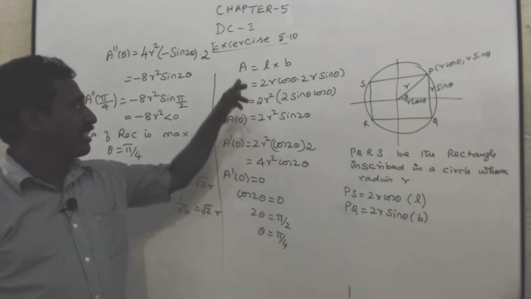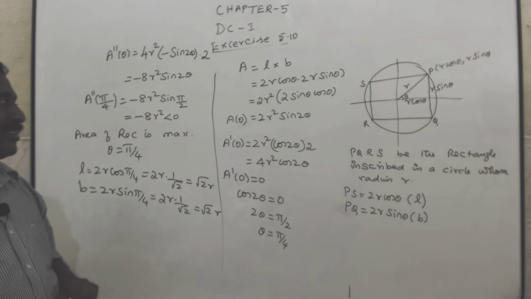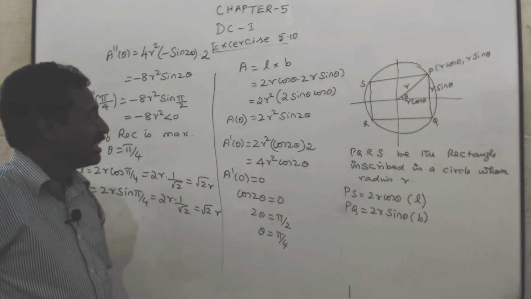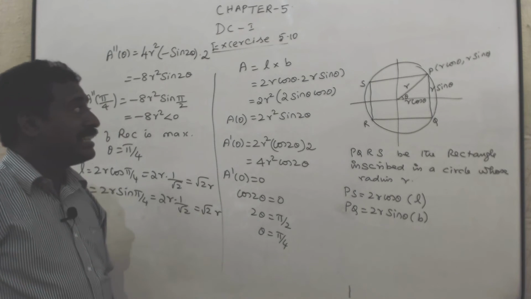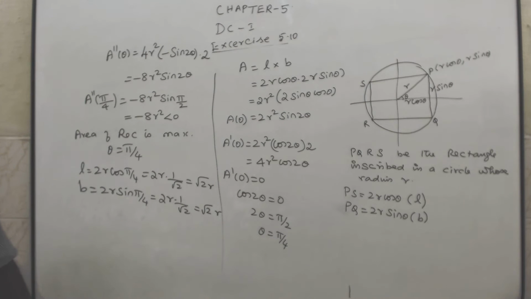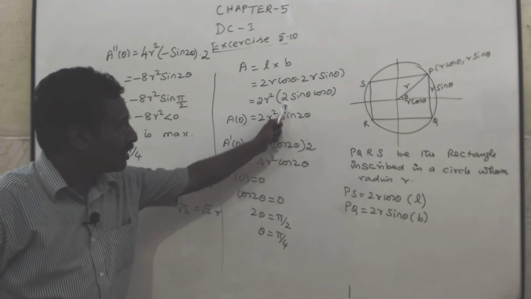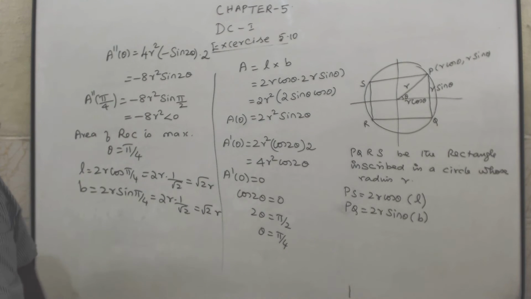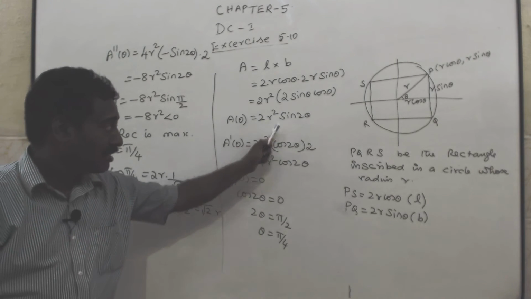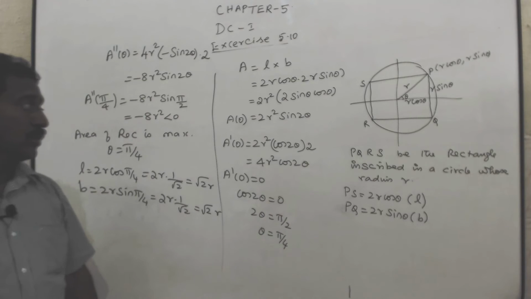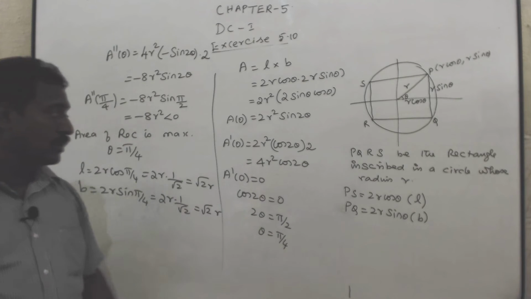Then area of rectangle, length into breadth, 2r cos theta into 2r sin theta, that is r square into 2 sin theta cos theta. A of theta equal to 2r square, 2 sin theta cos theta is sin 2 theta. A dash of theta, 2r square cos 2 theta into 2, that is 4r square cos 2 theta.